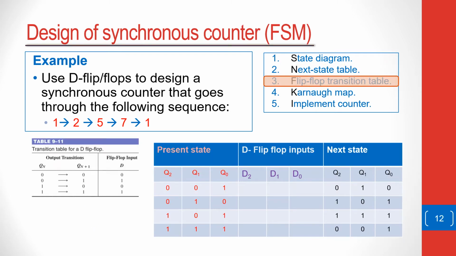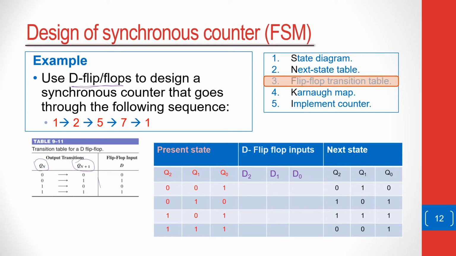Now you go to the next step. The next step here is to fill in the flip-flop transition table. For the flip-flop transition table, it depends on the flip-flop that you're using. In this case, we are going to be using the D flip-flop. So what we need to do here is to understand the value of the inputs at the flip-flop that will force it to transition from the current state to the next state that we desire.